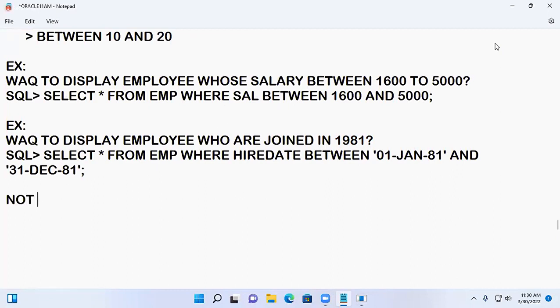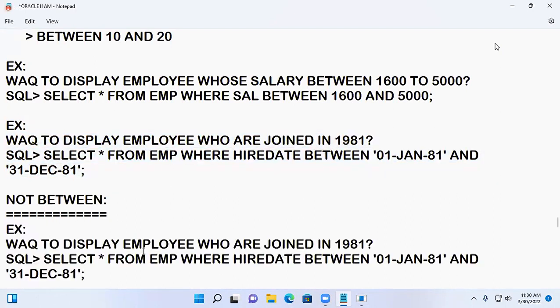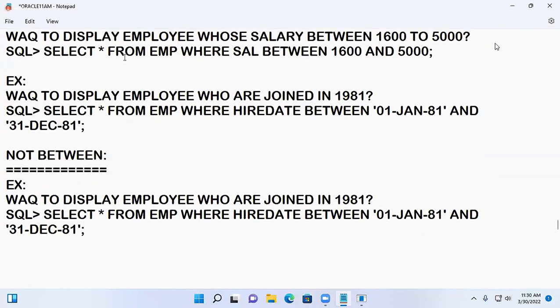Okay, so this is positive on between operator, and let me see the negative operation. So in the same example, I just take out a negative operation also. So in the negative, what I'm saying here, I want to display employees who are not joined in the year of 1981.